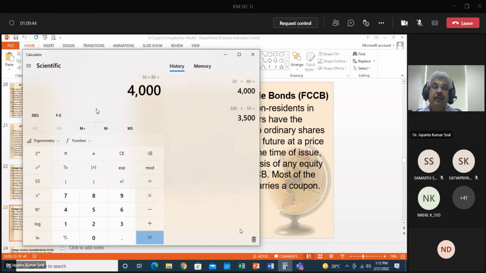On the other hand, against this $50, you will be given 10 shares, and at that time, the market price of each share is 350 rupees. So the equivalent amount is 3,500. What will you do? We'll take the amount. We'll not go for equity. You will not convert your bond into equity. Is that clear?